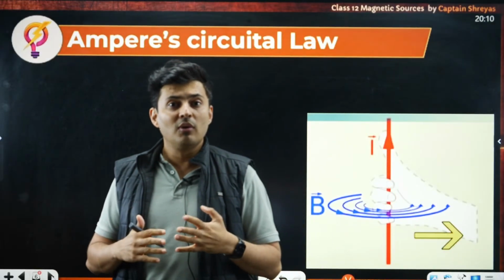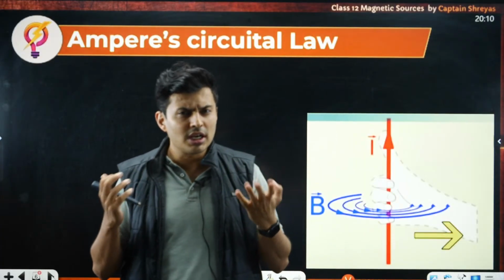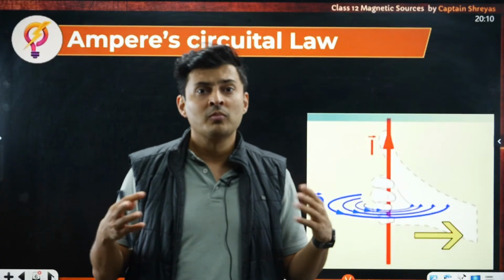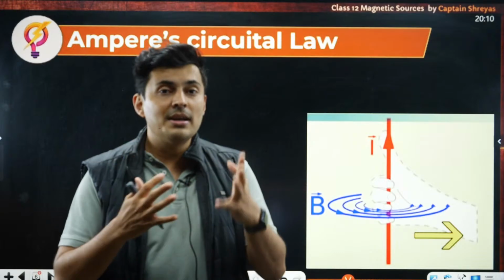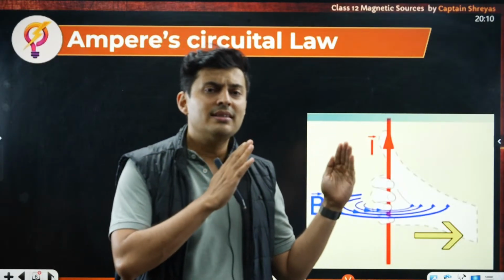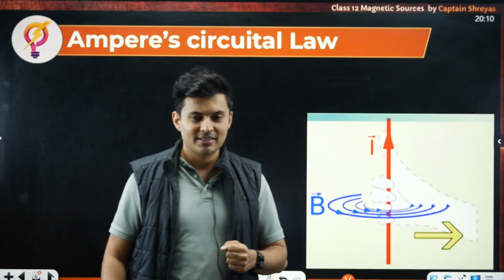Gauss law was a better version where you have symmetric bodies like shells, spheres, sheets, wires, etc., and you can conveniently find the electric field using Gauss law. So it is an alternative for Coulomb's law, but for symmetrical bodies.